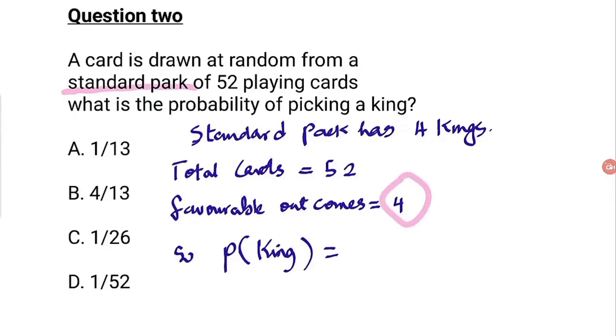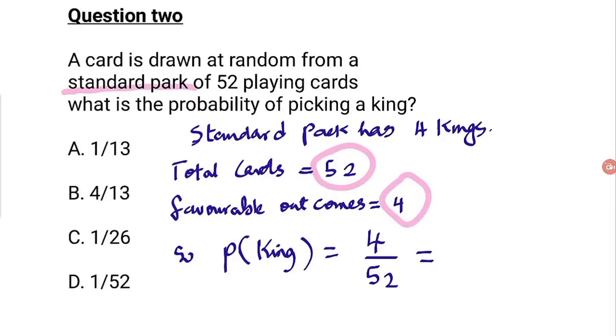So we're going to write 4 divided by the total outcome we have, which is 52. So now the next thing we're going to do is to reduce 4 over 52 into the simplest form.